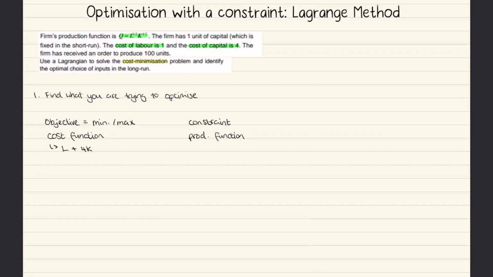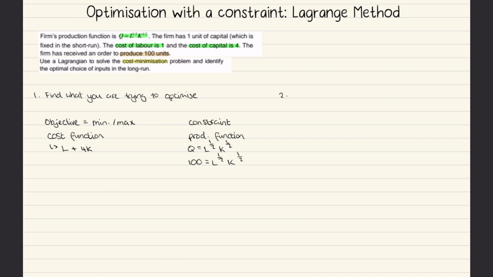And then our production function is Q, which equals L to the half, K to the half. But the firm has been ordered to produce 100 units, so Q is 100. So 100 equals L to the half and K to the half, and that's step 1 done.